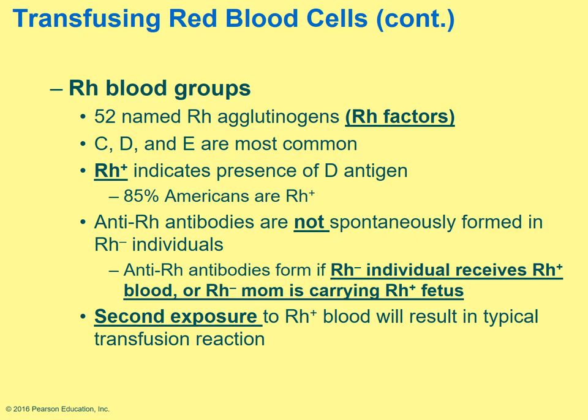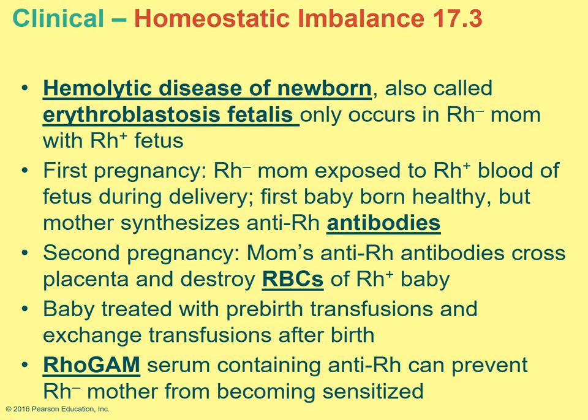When does this play a problem? If somebody is Rh negative, the most common problem is when a mother is carrying an Rh positive fetus. It is known as hemolytic disease in the newborn. First pregnancy, if that Rh negative mother is exposed to Rh positive blood, is usually not going to be a problem in terms of the baby or the mom.